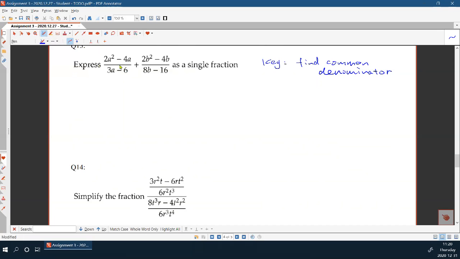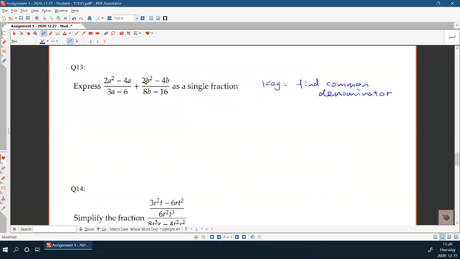For the first term, we cannot do anything, right? There's no common part in the denominator and numerator. But for the second term, apparently we can cancel a 2 here. We can divide the numerator by 2 and at the same time divide the denominator by 2. The value does not change.